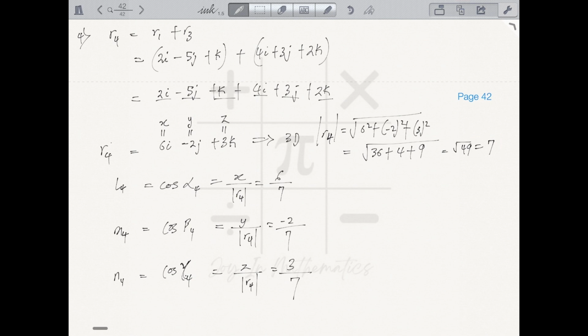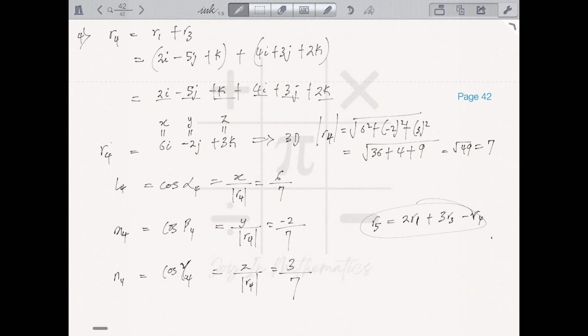Now we can see how we have combined direction cosine with addition and subtraction of vectors. It can also be combined with, let's say, scalar multiplication. We can have questions like: evaluate the direction cosine of R5, which is equal to 2R1 plus 3R3 minus R4. So we can have a question like this.